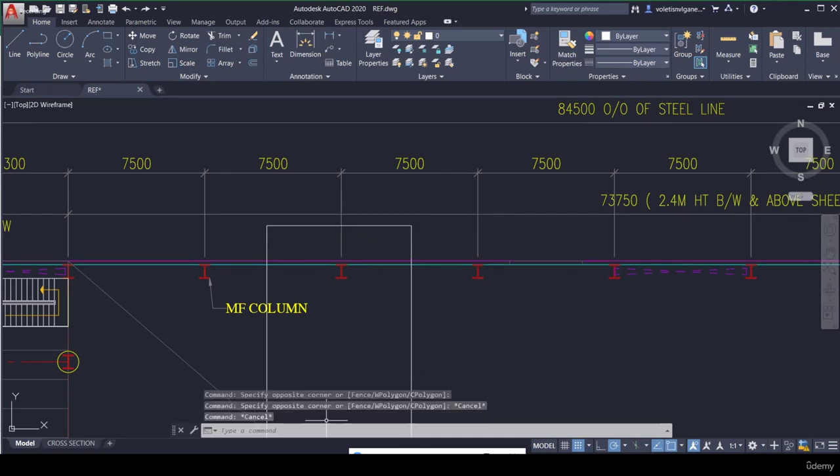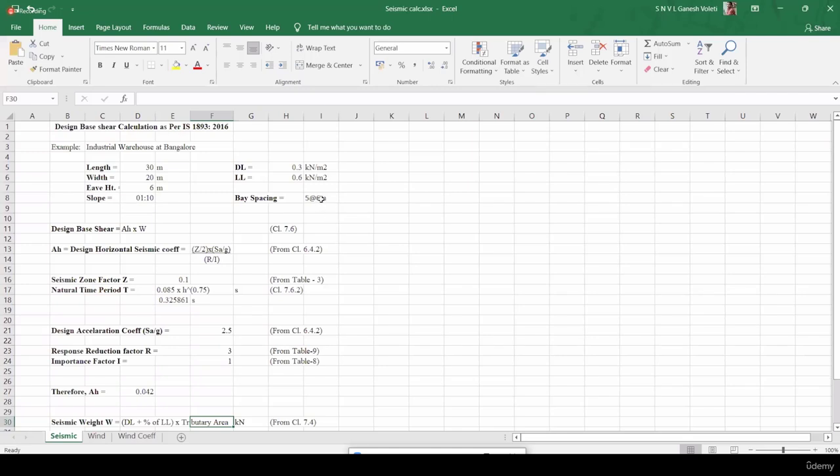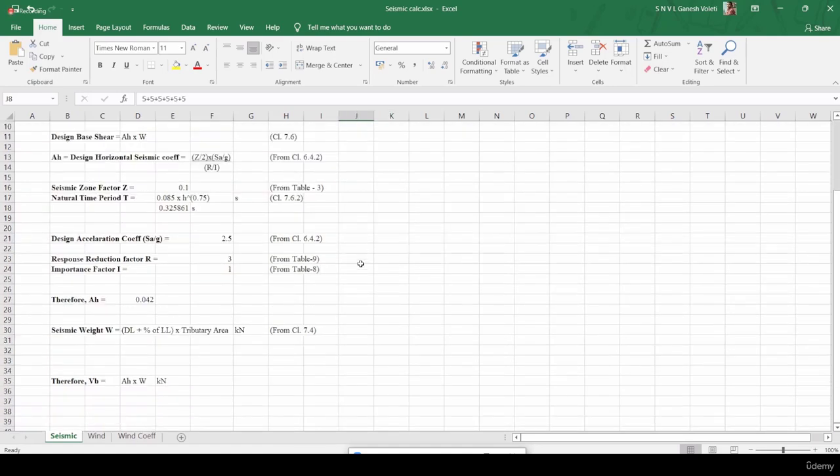Suppose in our scenario, what is the bay spacing I have given? Let us take, for an easy calculation, 6 at the rate of 5 meters, nothing but 5 plus 5 plus 5 plus 5. So the bay spacing is like this, a total of 6 bays of 5 meters. So obviously the tributary width will be 5 meters here.